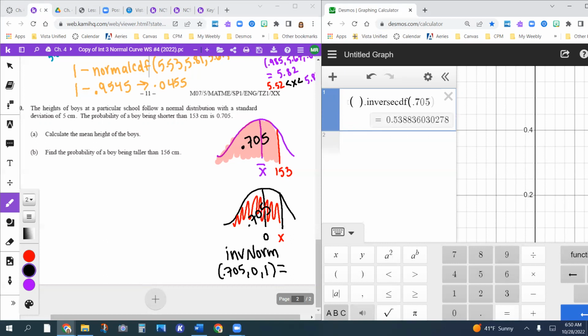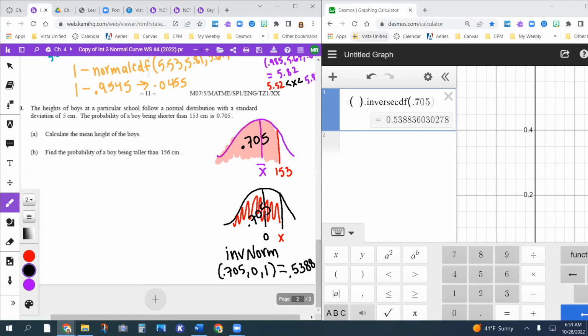Okay, and I see that that would be 0.5388. That's how many deviations away I would be.